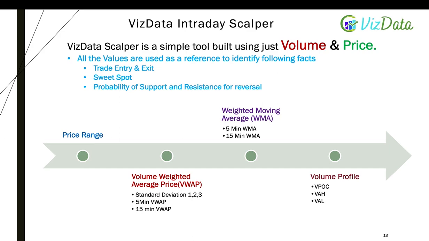All the values which VizData Scalper provides are for reference only, for us to understand what is the right place for us to take an entry or exit. What is our sweet spot? What is the probability of reversals at the support and resistance levels?